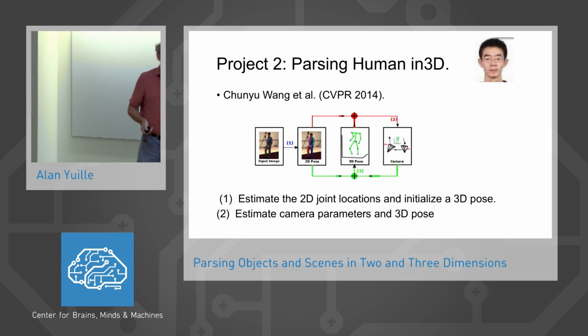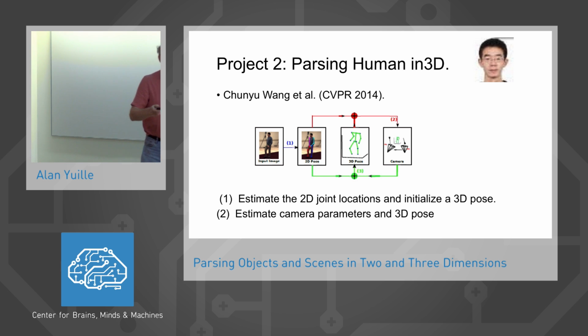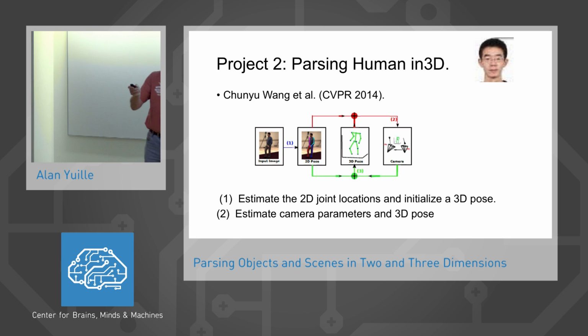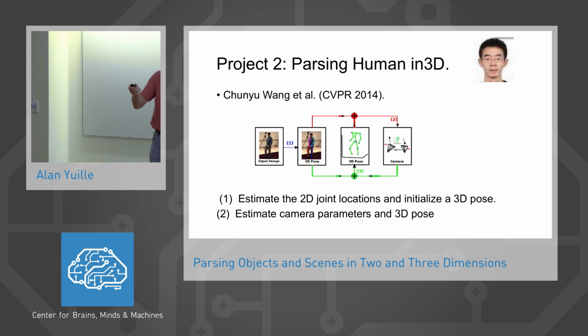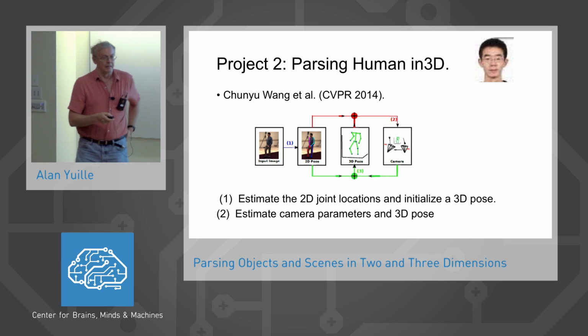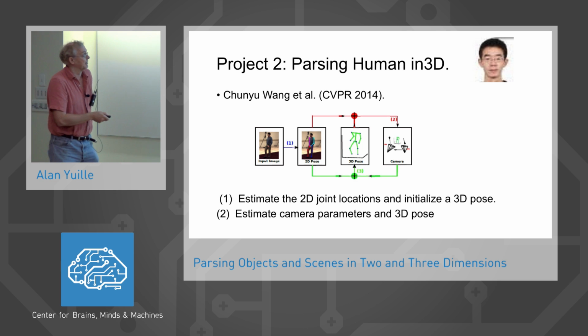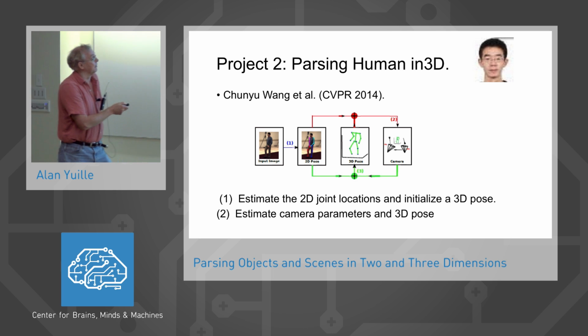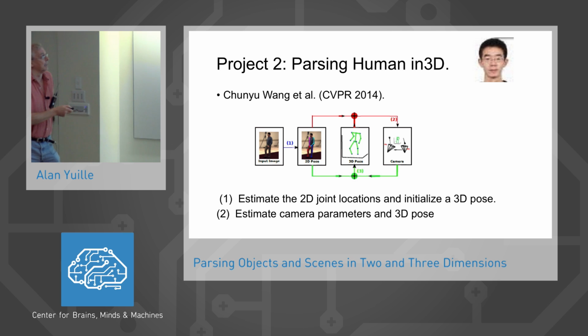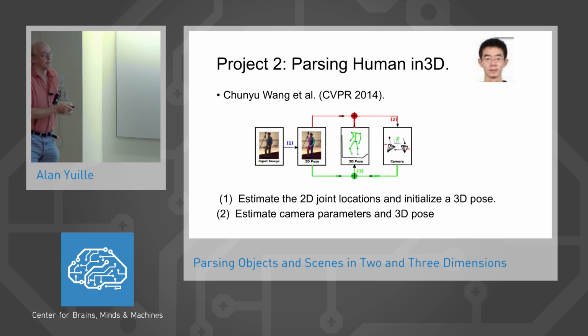If you want to recognize a chair, you could try to have a model of the chair from all different viewpoints, but a chair is a rigid object. Why not just have a simple 3D model of the chair and rotate it around? It seems a far more natural way to solve it from a computer vision perspective. Maybe not for a human, but that's an open question. So in this case, we didn't do it for chairs. We thought it would be far more interesting to do it for humans.